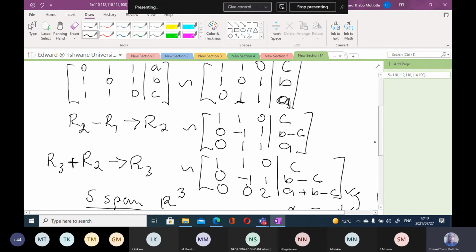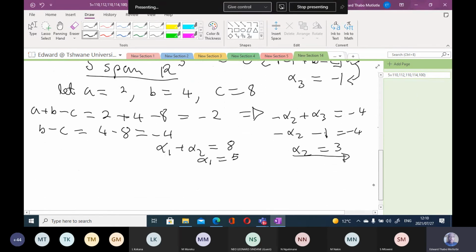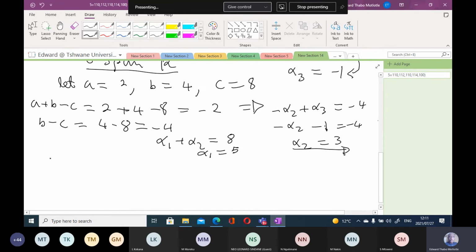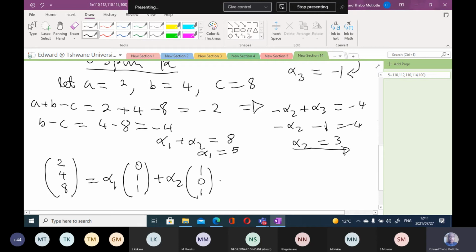Now the only thing I need to do is write them as a linear combination. So 2, 4, 8 is equal to alpha 1 multiplied by 0, 1, 1, plus alpha 2 multiplied by 1, 0, 1, plus alpha 3 multiplied by 1, 1, 0.